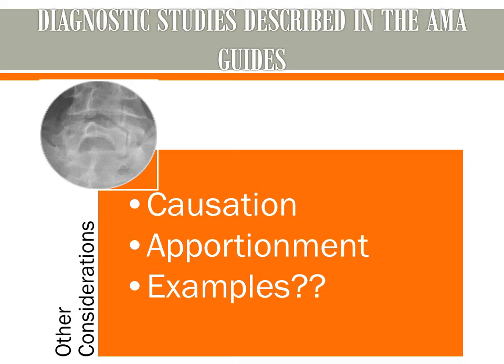Make sure that the views of x-rays that you're getting, or the type of MRI that you're ordering, is exactly what is required for the determination that you're after. For example, as I mentioned earlier, the analysis of carpal instability requires very specific X-ray views of the wrist to be obtained, and those are described in the guides.